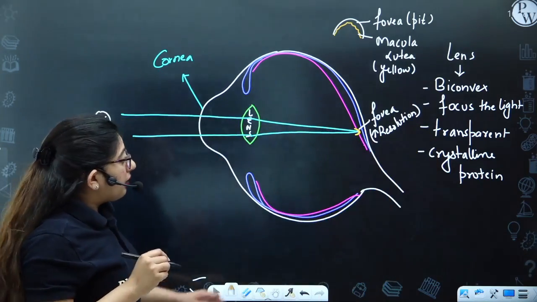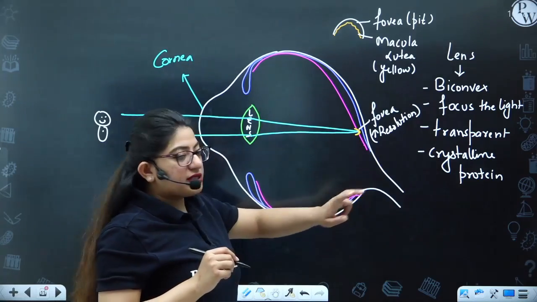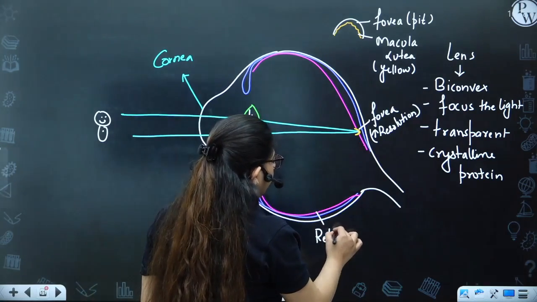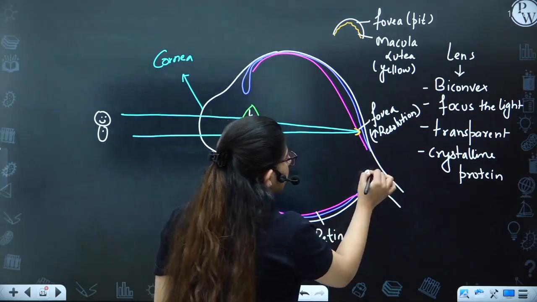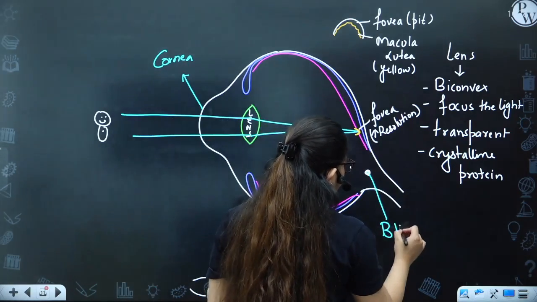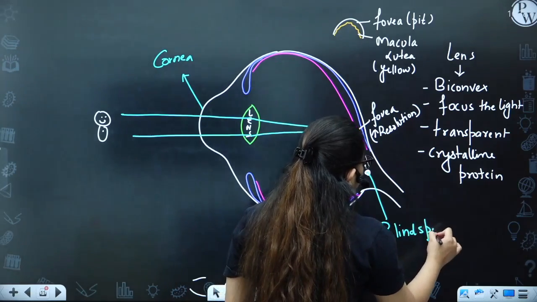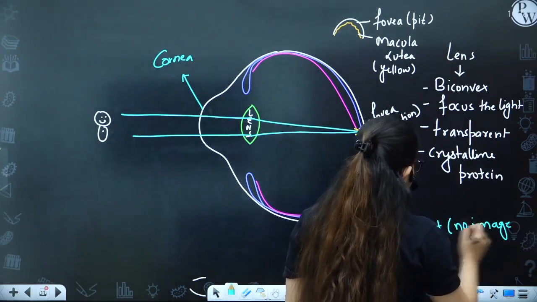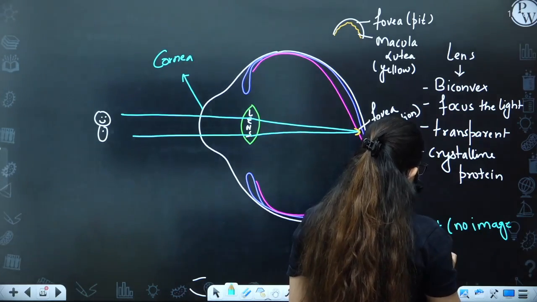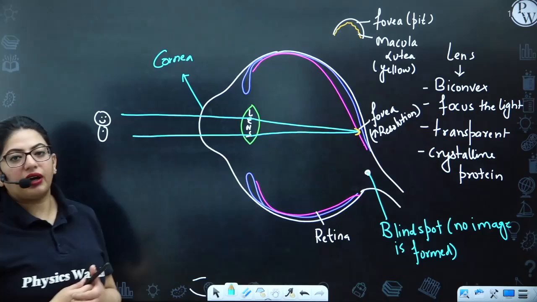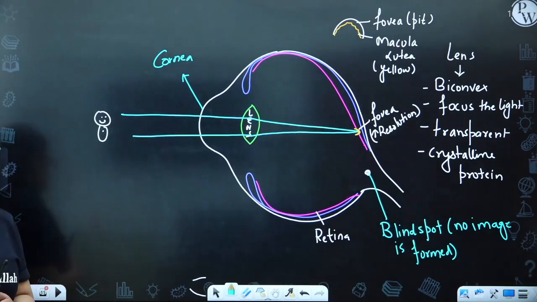Now there is a portion here where you can see there is no retina. Retina is this pink layer. At this portion there is no retina, and this point is known as the blind spot. What do you call this point? Blind spot. In this blind spot, no image is formed. Why? Because here there is no retina, and when we have no retina, no image will be formed here.